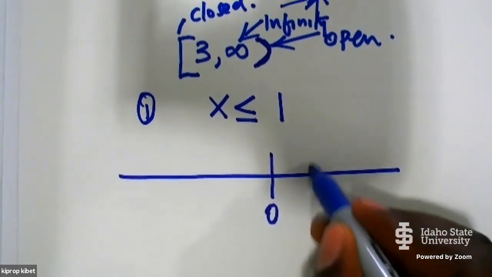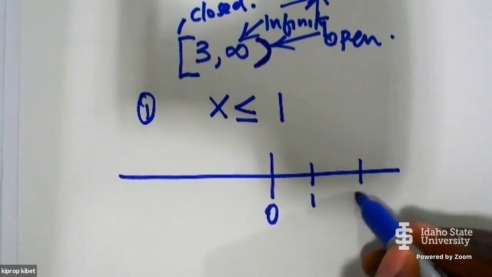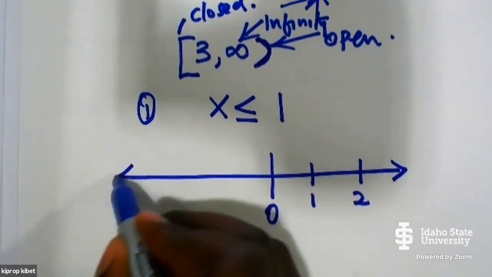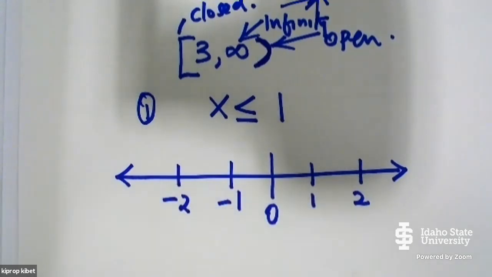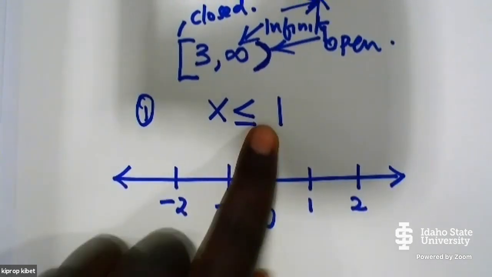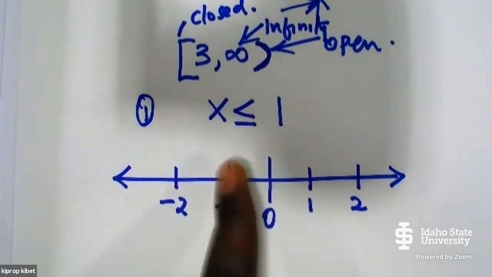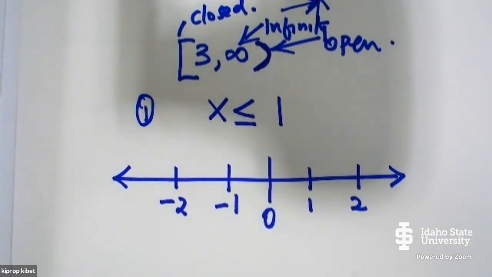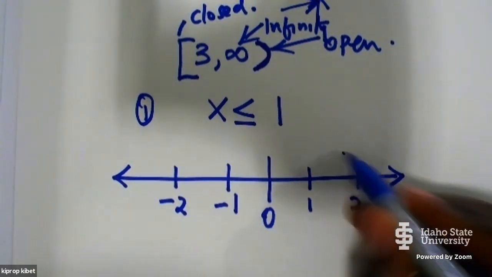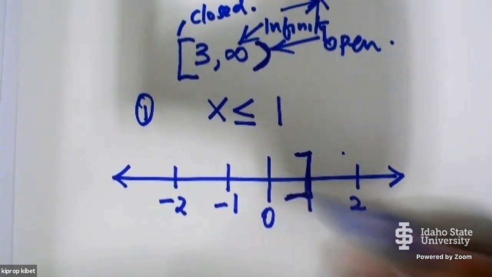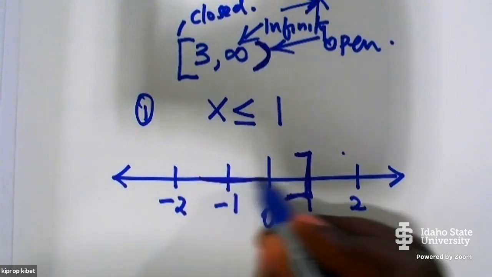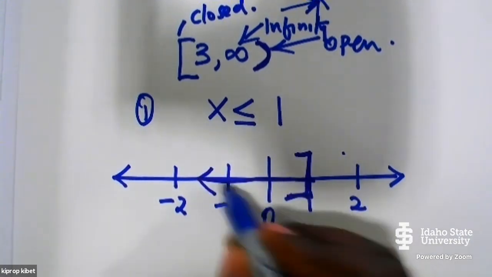So this is 0, this is 1, this is 2, that way, this is -1, like that. So this one is 1. And the values of x, they are less, right? They are less or equals to 1. So therefore, this is including the value of 1, and then they go this direction.